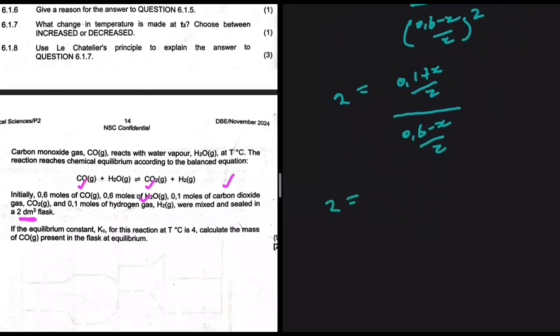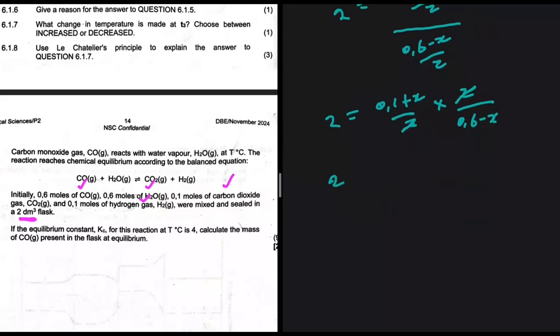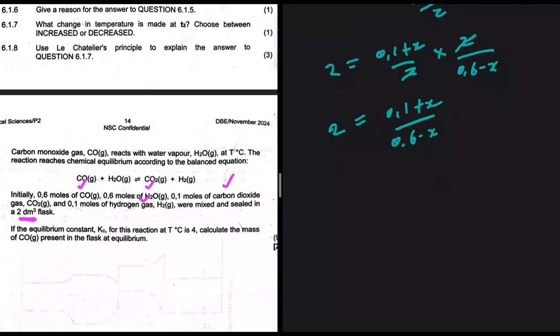So 2 is equal to 0.1 plus x over 2 multiplied by 2 over 0.6 minus x. The 2 and 2 cancel out. 2 is equal to 0.1 plus x over 0.6 minus x. So 1.2 minus 2x is equal to 0.1 plus x.